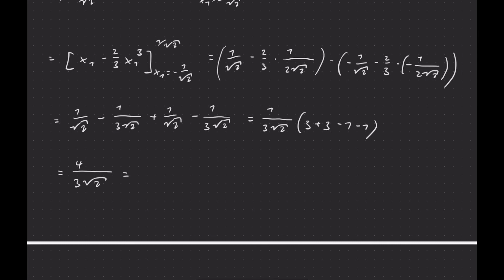And finally, let's make the denominator here rational. So we extend by square root of 2, that's 4 square root of 2 over 3 times 2. Or let's cancel out one factor of 2, then we get 2 square root of 2 over 3, or 2/3 square root of 2.